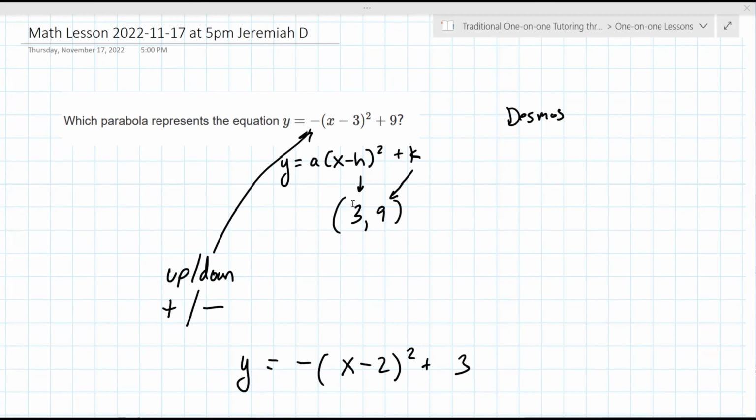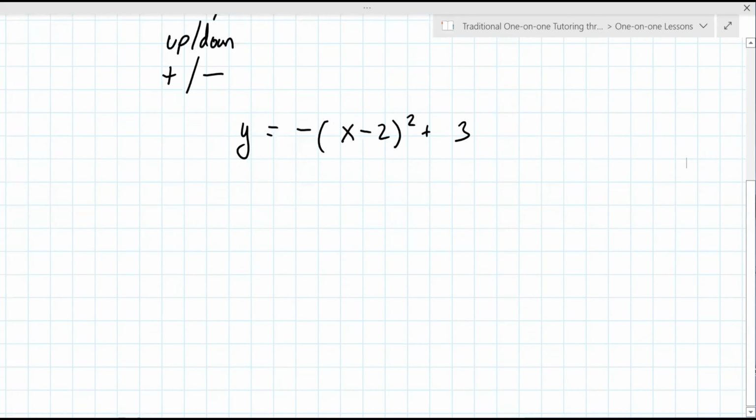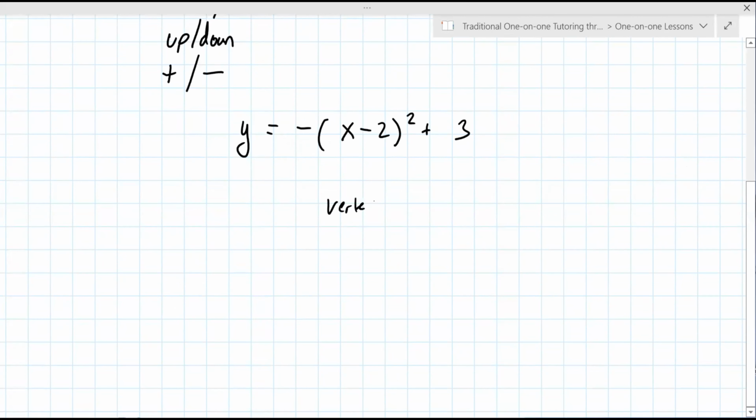So yeah, the rule I think is kind of unclear, but you have to decide how you want to remember it. Because there's a negative in the x minus h part, if it's subtracting, it's just that number. Okay, so here your vertex is (2, 3), and does it open up or down? It opens down.